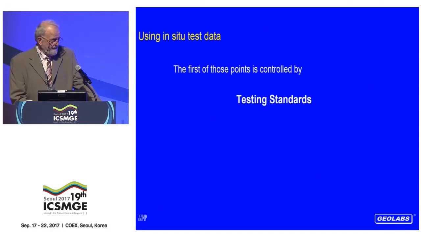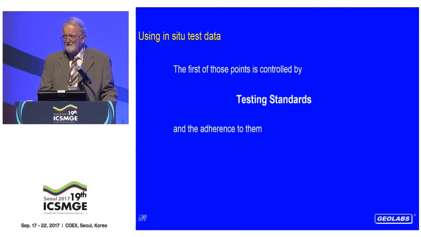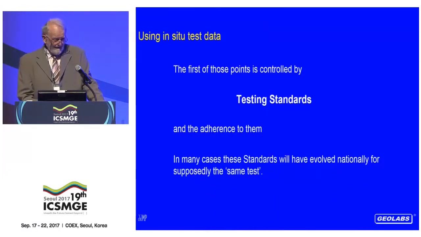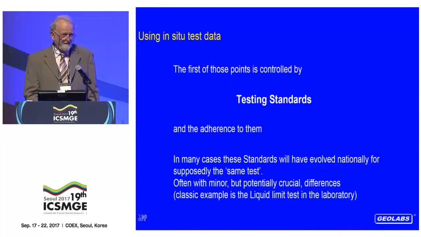The first of those points, quality of data, is really controlled by our testing standards and adherence to them. These are the important points. In many cases, the standards that we use have evolved from country to country. They're purportedly working to the same test, but we have little variations in each country.